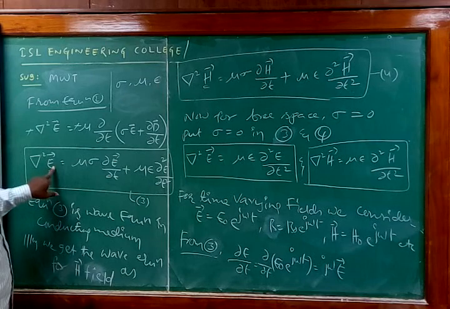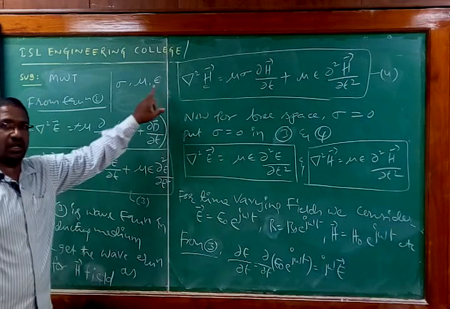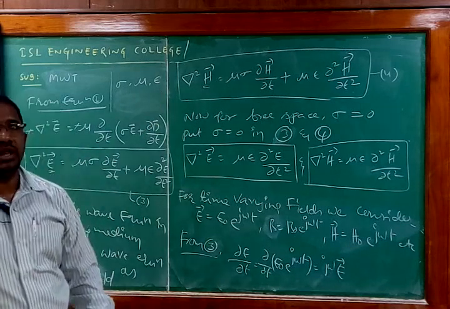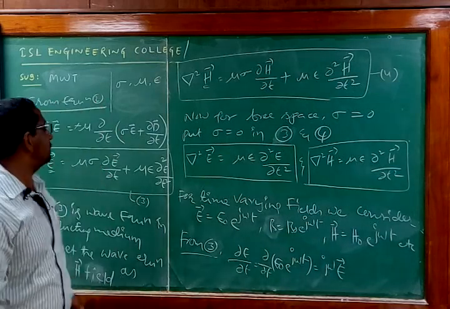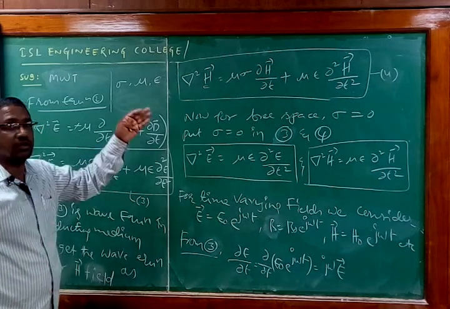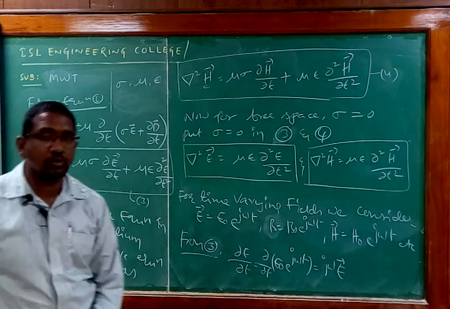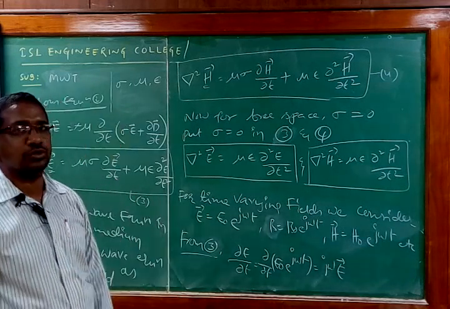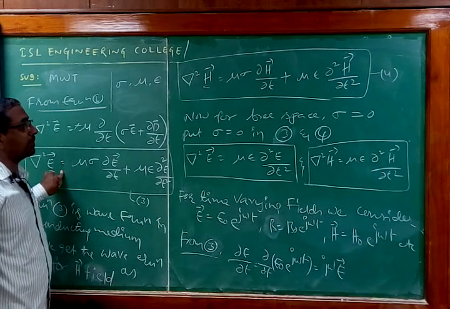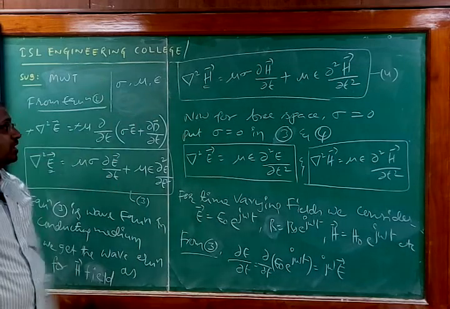The magnetic field and electric field are perpendicular to each other, and their amplitudes vary in proportion. When one increases, the other also increases; when the electric field decreases, the magnetic field also decreases. So, due to the properties of Maxwell's equations, we get the magnetic field equation directly from the electric field.